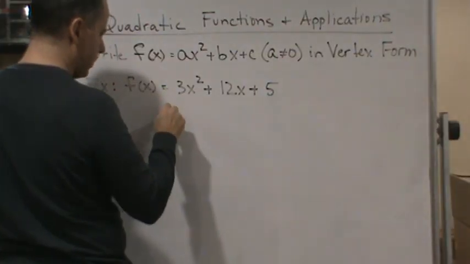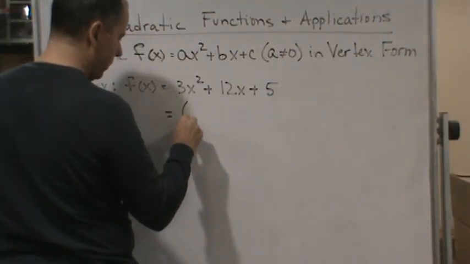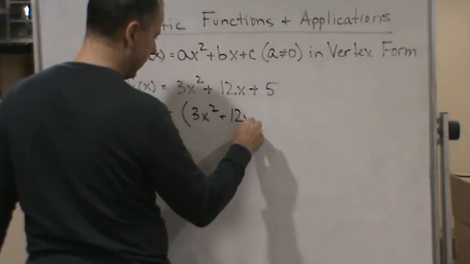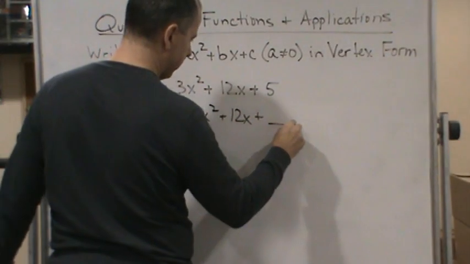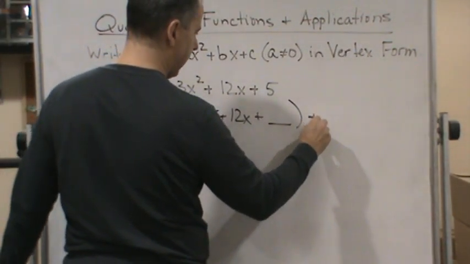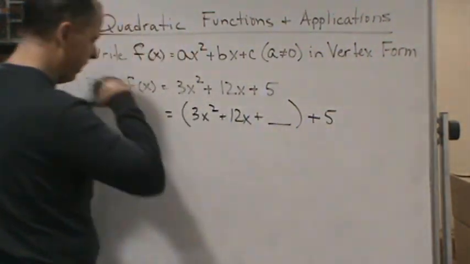So the first thing I'm going to do is group the 3x squared plus 12x plus whatever my constant term is going to be to complete the square, and then plus 5 out here, okay?